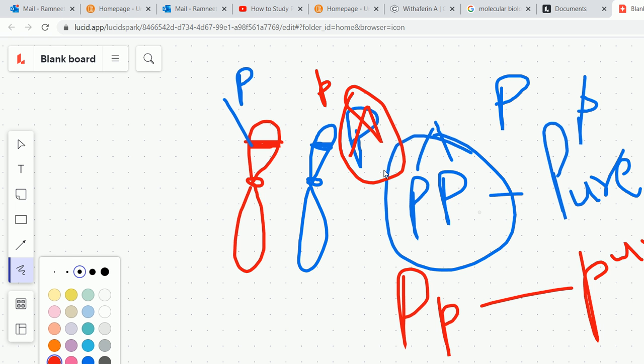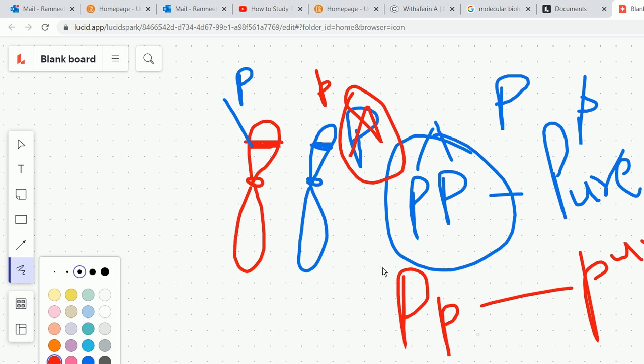And what is genotype? Phenotype is the external appearance. Genotype is the genetic makeup. So in this case, the phenotype is same, both are purple, but the genotype is different. So in the genotype, both the alleles are capital P, but in this case, so this is pure or homozygous, but in this case, one allele is capital P, another allele is small p, so this is heterozygous. Okay.